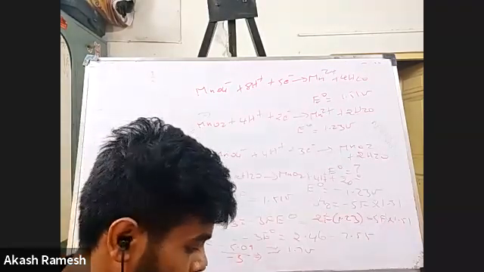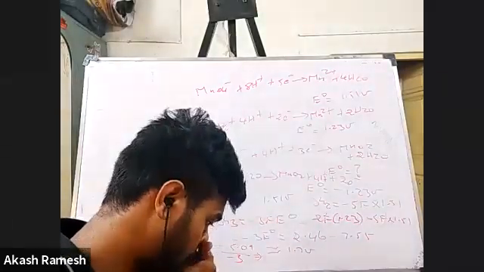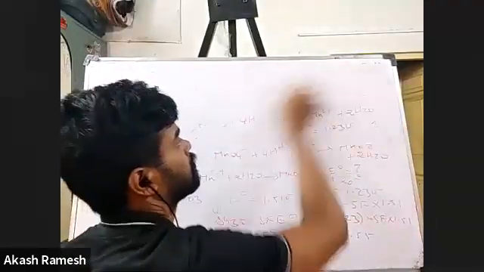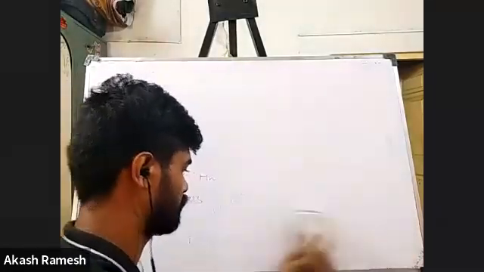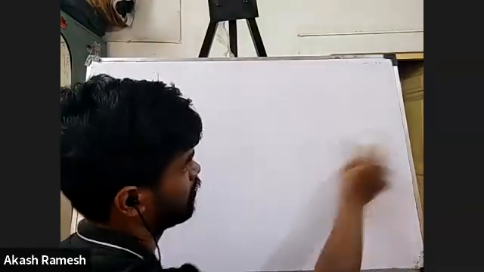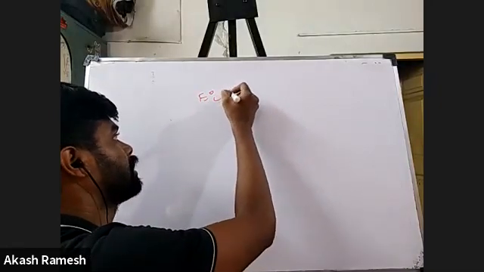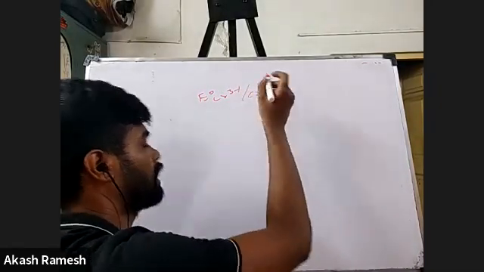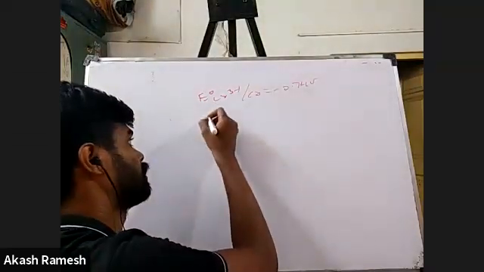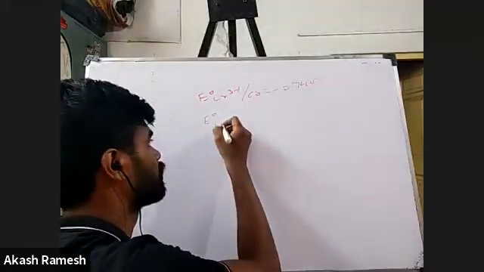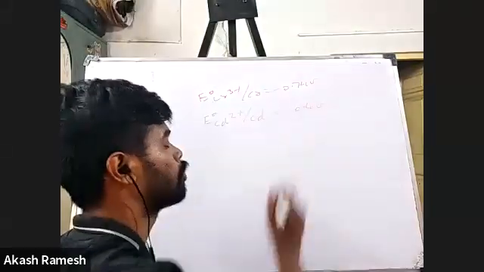Okay, fine. So this kind of question can be asked. For example, say I have E naught of Cr3+ | Cr given as minus 0.74 volts, and E naught of Cd2+ | Cd, cadmium, is minus 0.4 volts.